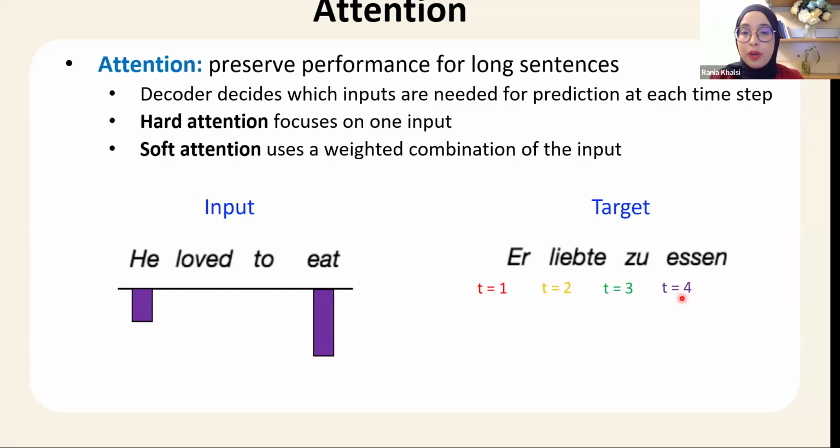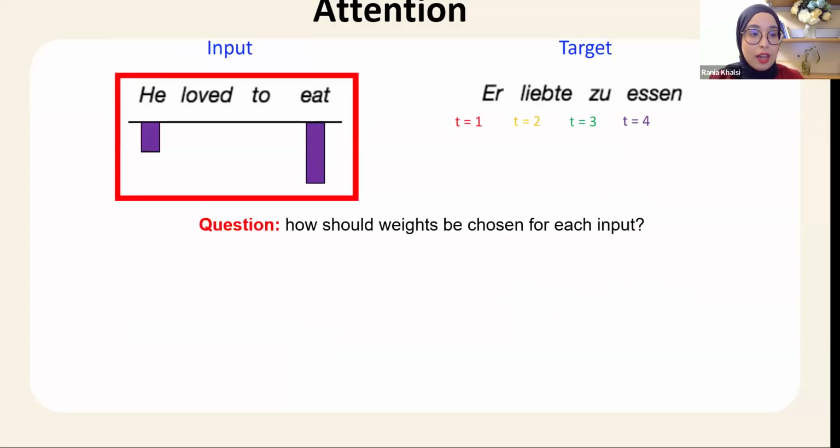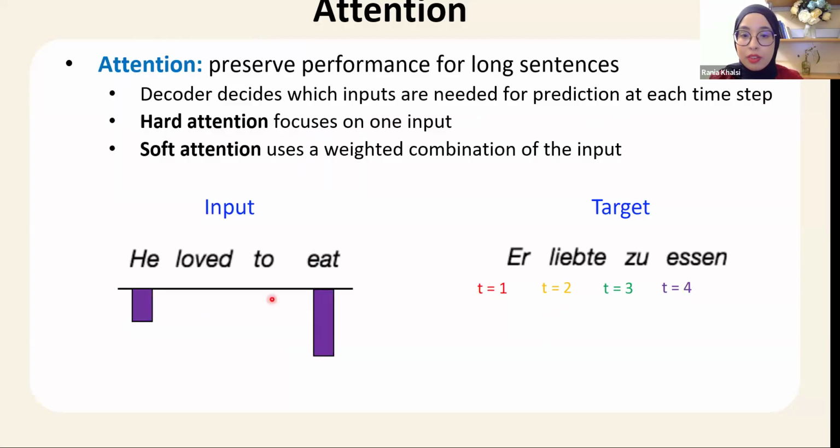In this way, what we obtain is a distribution of weights, or different levels of importance at each time step. This is the essence of soft attention.